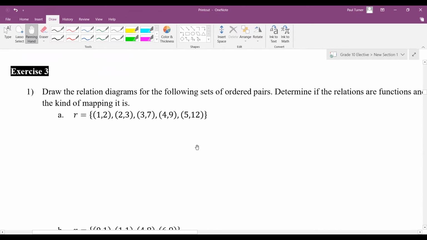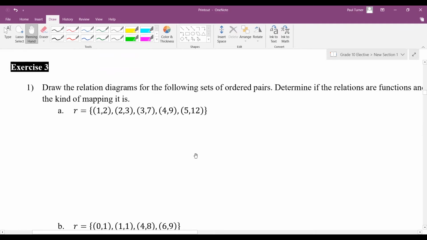Okay, look at this one. Okay, go to exercise 3. I'll help you with the first one. So the first thing you need to do is make your relation diagram. So get your pencil out or your tablet. Now draw your two circles. So call the first one X and the second one Y, because that's what we're used to. And make 2 big ovals like that.